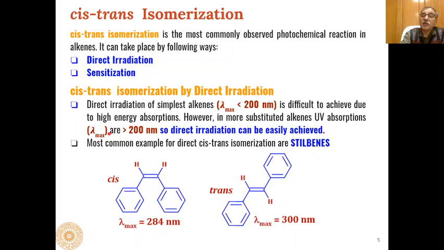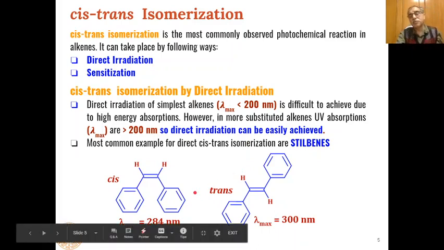However, in the case of substituted alkenes where lambda max is more than 200 nanometers, direct irradiation can give us cis-trans isomerization products very easily, and they can be conveniently drawn into a mixture of cis and trans products.